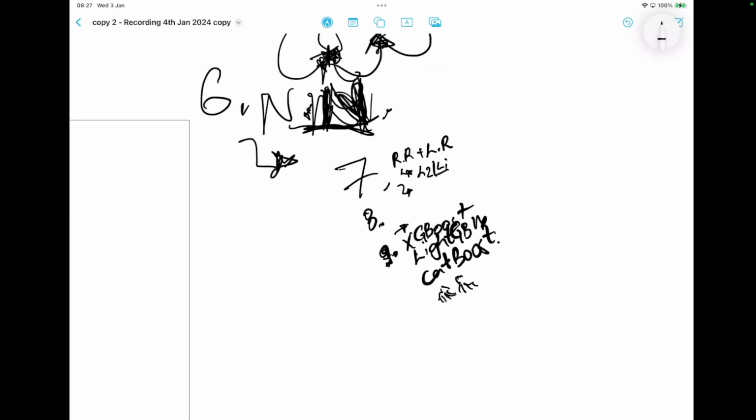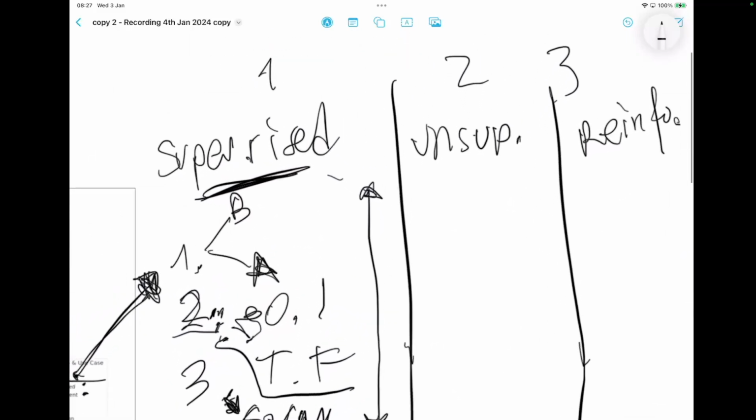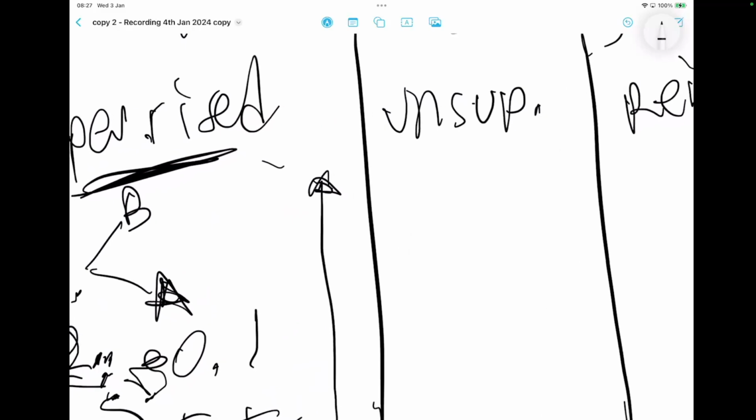But I think this is a good stage to stop with the supervised learning algorithms, because we have exhausted all of them. That's the end of the supervised learning. Now we're moving to the unsupervised learning. And the first one here that we need to mention is k-means clustering.